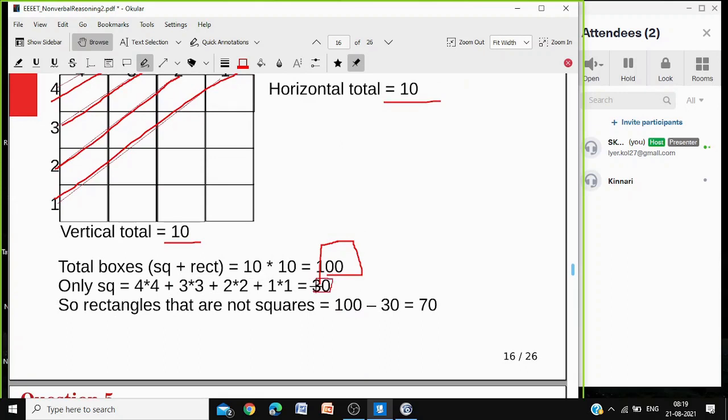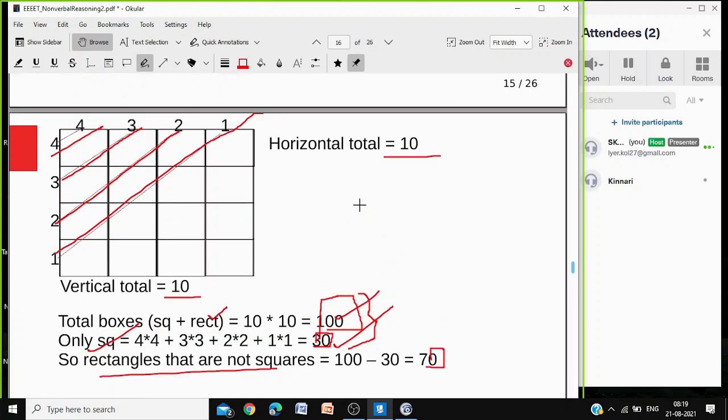So all boxes 100, only squares 30. So rectangles which are not squares, 100 minus 30, 70. Because this includes squares and rectangles, and this is only squares, if you subtract, you'll get the number.